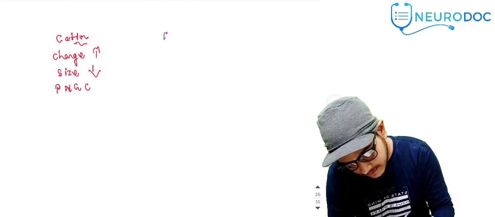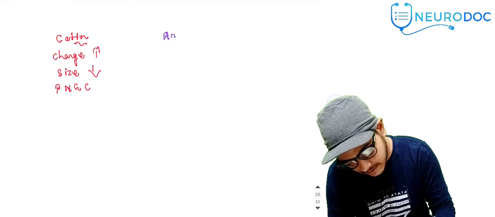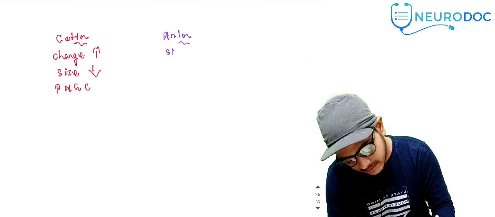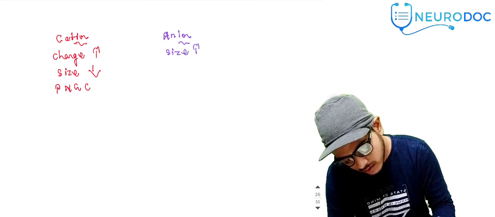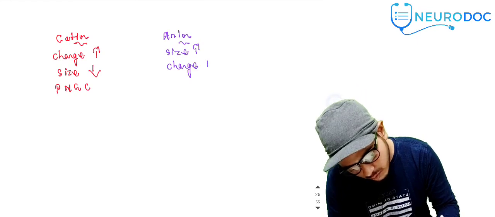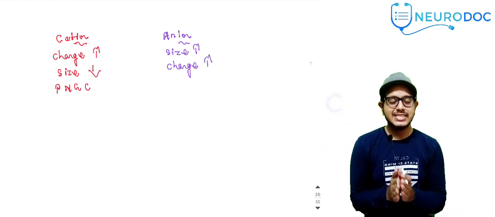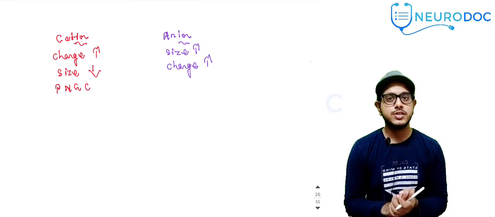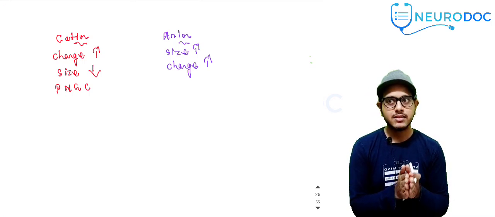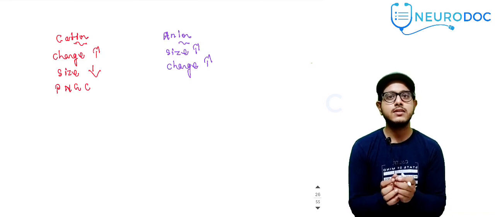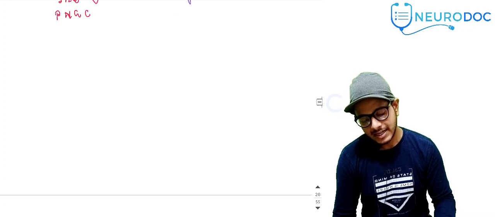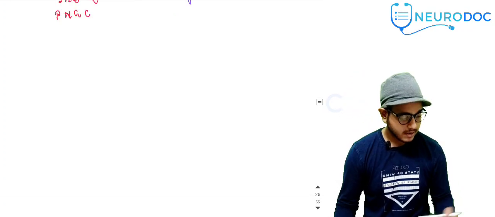For anion: size more, charge also more. So these are the 5 conditions. If present, then the covalent character in an ionic bond will be more, right? Now let us see some examples, right?